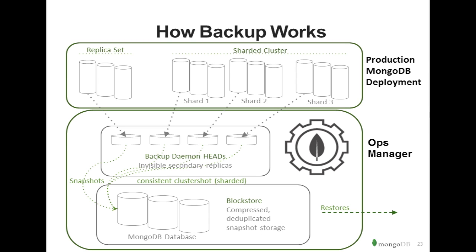Now, the backup daemon that's here manages all the local copies of the backup database, as well as backup snapshots. So backup will take scheduled snapshots and store these snapshots in these backup block store databases. Those are MongoDB databases.